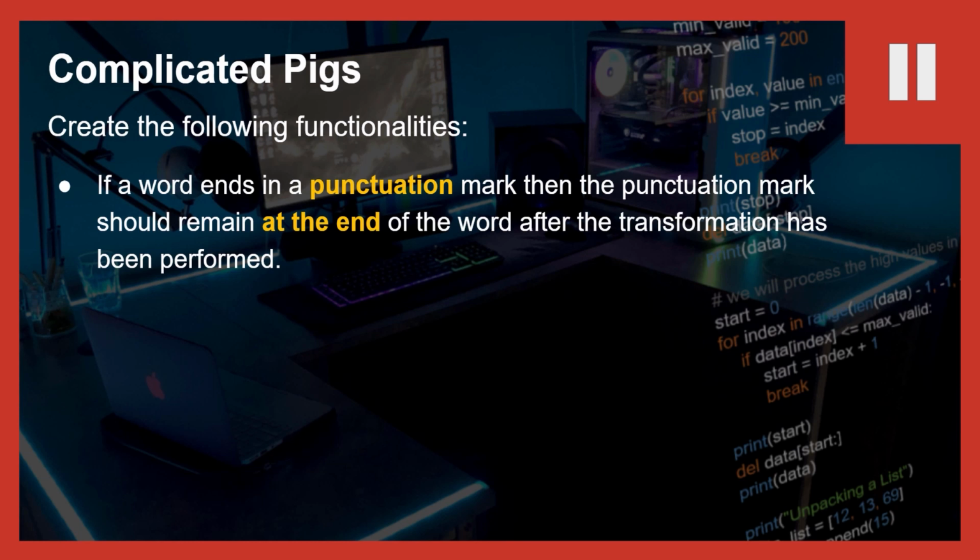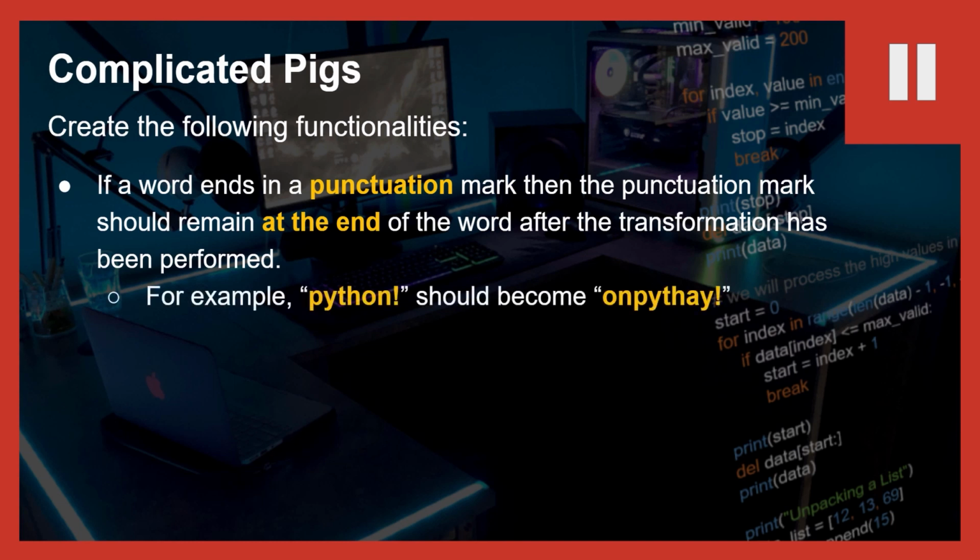Because keep in mind, if you're moving letters around and there's a punctuation mark, you're going to have, for example, a question or exclamation mark dead in the middle of a word, which does not look good. So if you find one of the punctuations, you should add them to the end. So for example, Python should become on Python, for example.